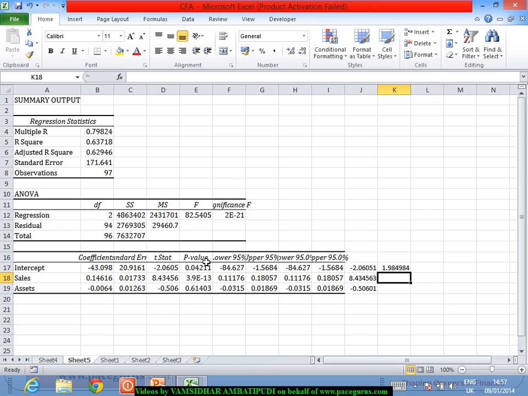Now in this case, we can see that this is outside the interval, this is outside the interval, whereas this one is not outside the interval. For the sales the t value is outside the interval, and for the intercept the t value is outside the interval. Whereas for assets the t value is within the minus 1.98 to plus 1.98 interval.